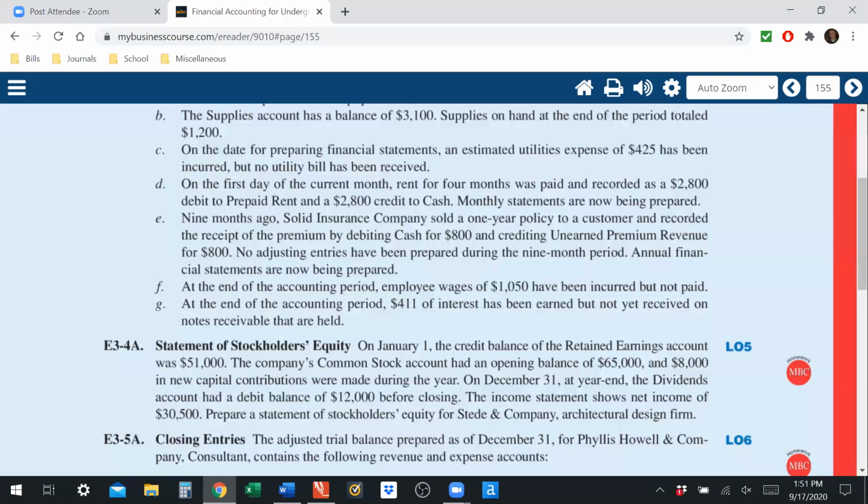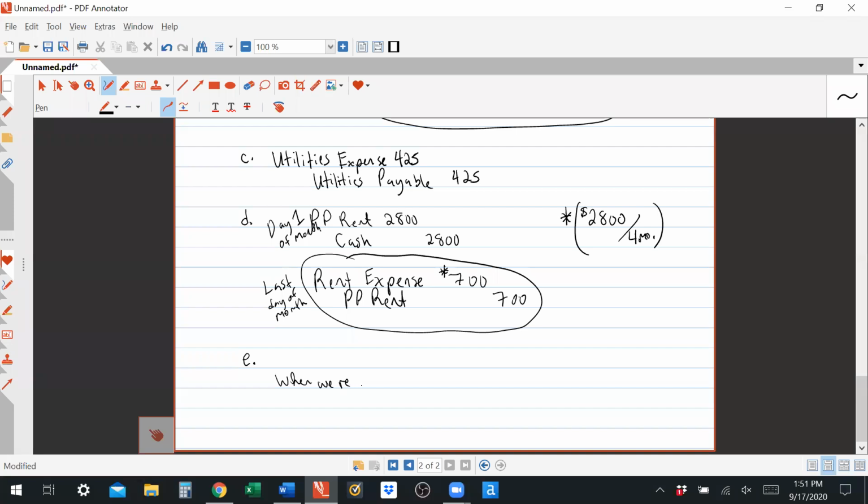So originally, when we received their cash, we debited cash, $800, and credited a liability, unearned, essentially unearned revenue, but they call it unearned premium revenue, unearned insurance premium revenue.